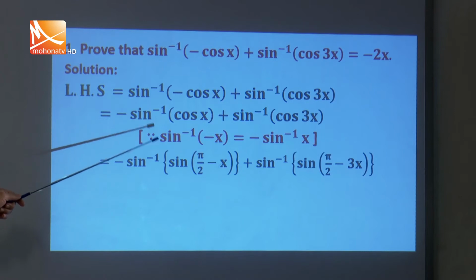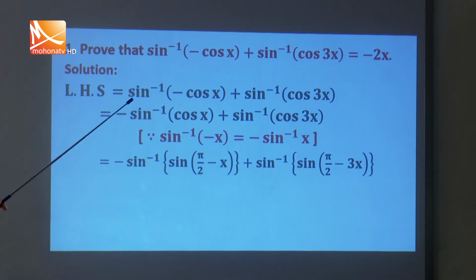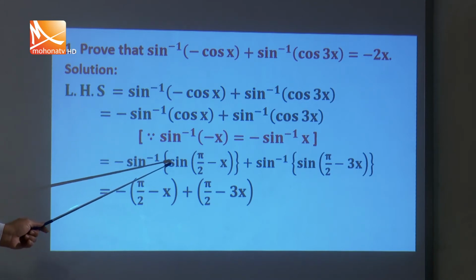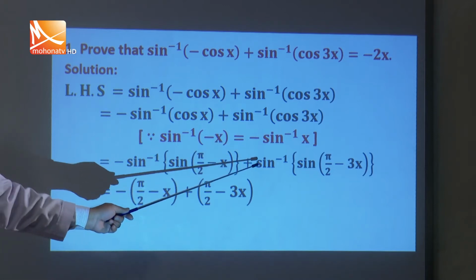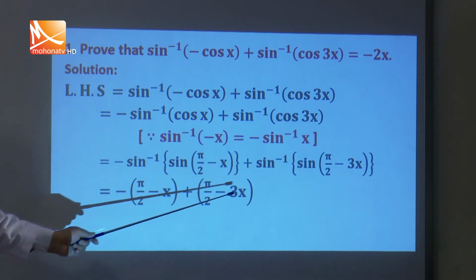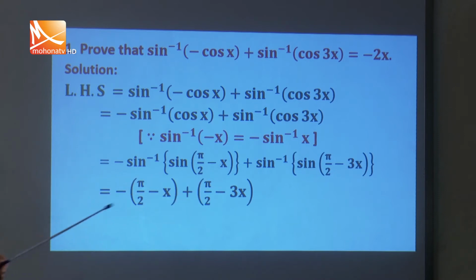You must keep this in your mind, cos theta equals to sin of pi by 2 minus theta. That's why we have written in this form. Next line, this sin and sin inverse will be cancelled, so it will remain only minus of pi by 2 minus x. Similarly, it will be here pi by 2 minus 3x.